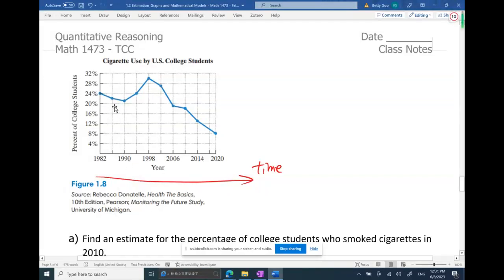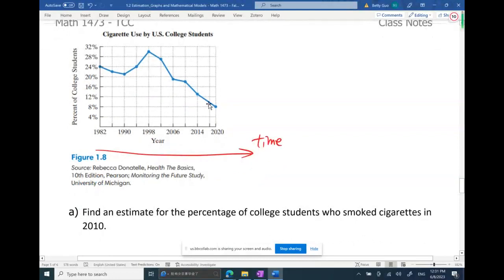And in 1990, the percentage dropped a little bit. And then in 1998 it goes up, actually it's the peak. And then it goes down, down, down. And then in 2020, the percent dropped to only 8%. 8% is only 1/3 of 24% in 1982. So that's what's going on in this graph.